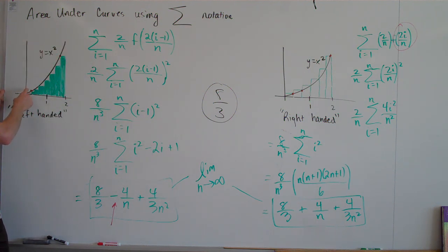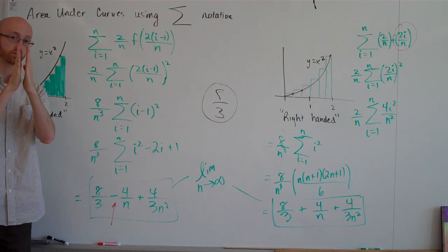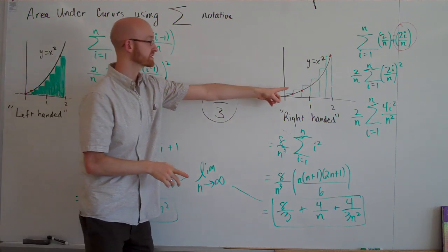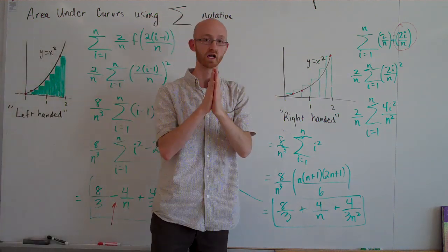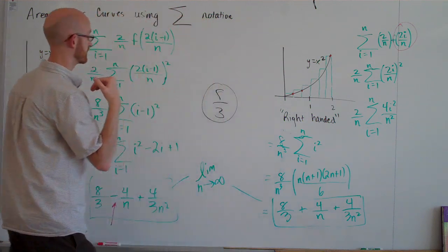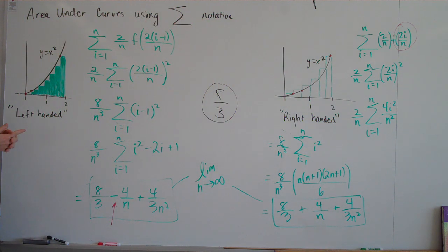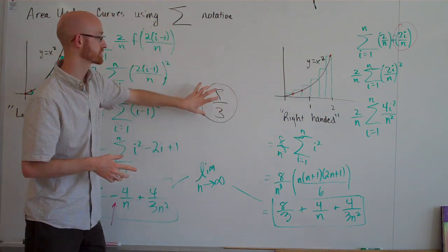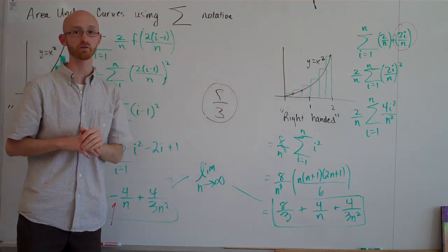Well, if these rectangles, you can see there's some empty space here, but the way to make that empty space go away is to make really, really thin rectangles, and then do the same thing over here with all that extra space, making thin rectangles, and then, well, there you have it. You'll have a slightly under-approximated version, a slightly over-approximated version, and they will converge at 8/3 when you have an infinite number of rectangles.